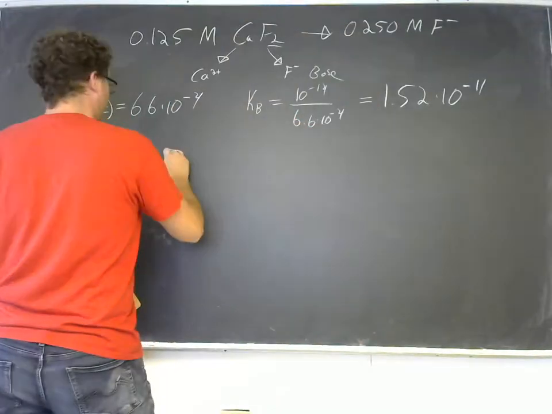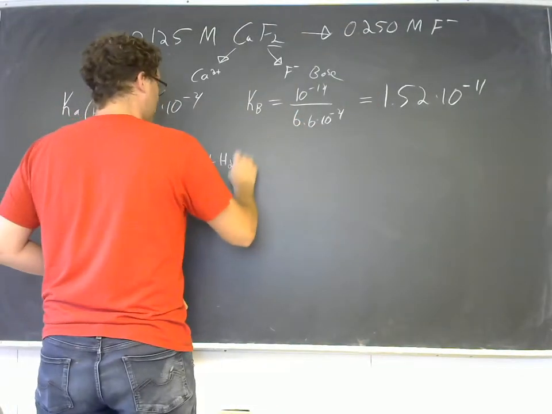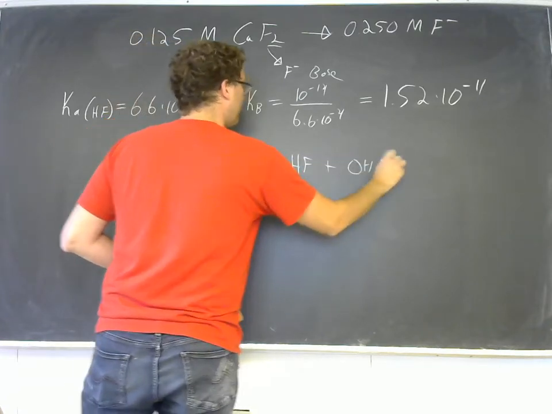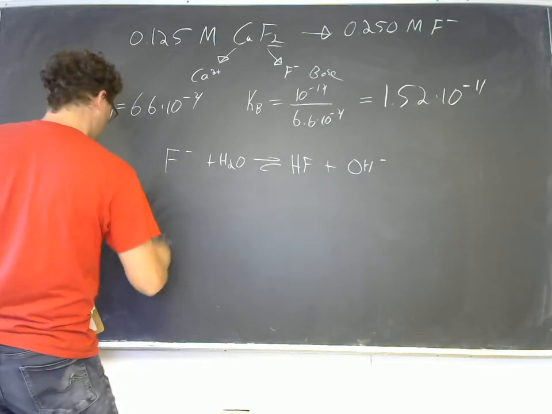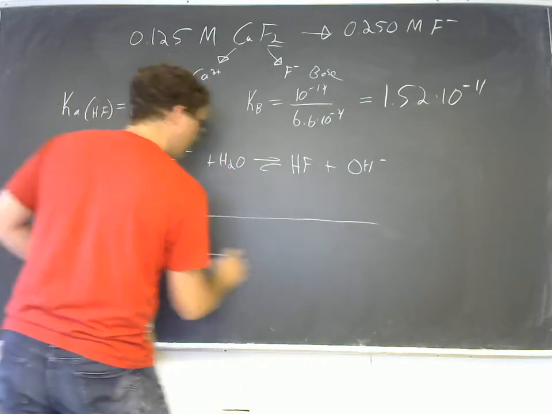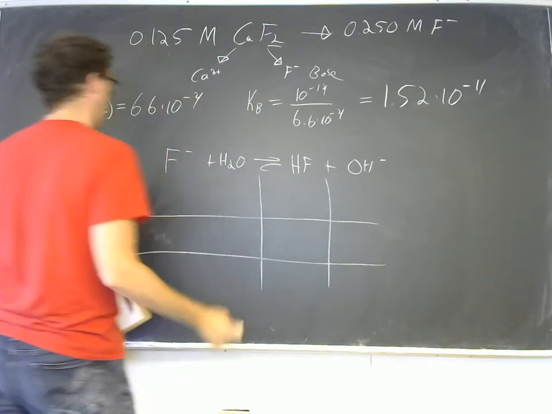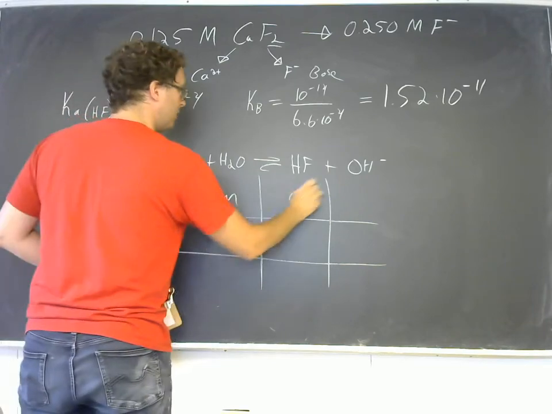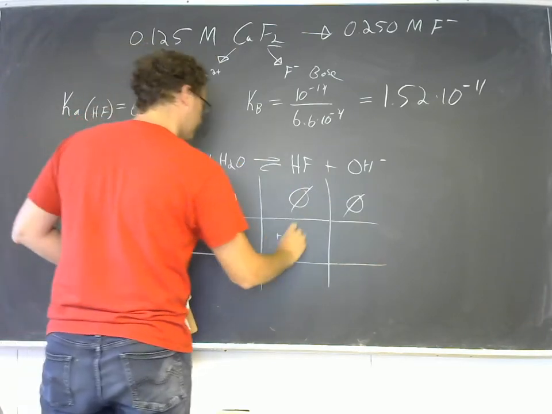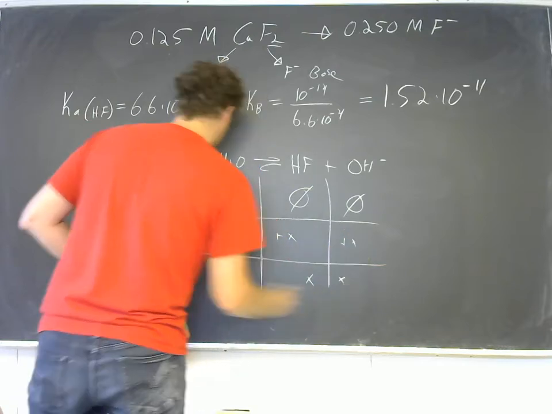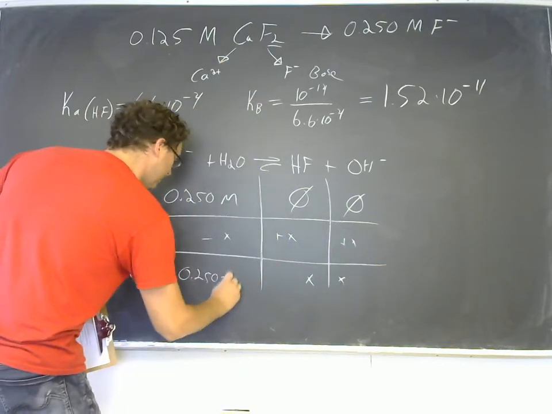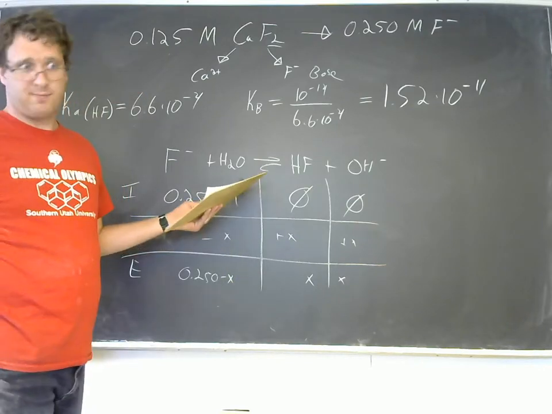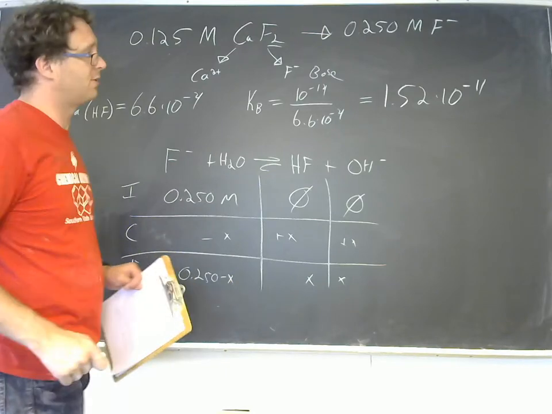I know that F- plus water is going to be in equilibrium with HF plus OH-. And we'll start with 0.250 molar, 0 and 0 here, minus x, plus x, plus x, so 0.250 minus x. You do enough of these and you can skip the ICE table altogether. I think that is a fair thing that you can start to do in your head.